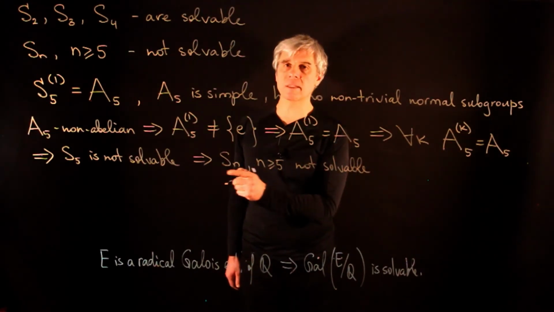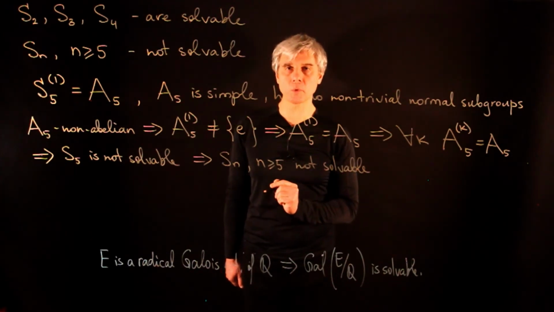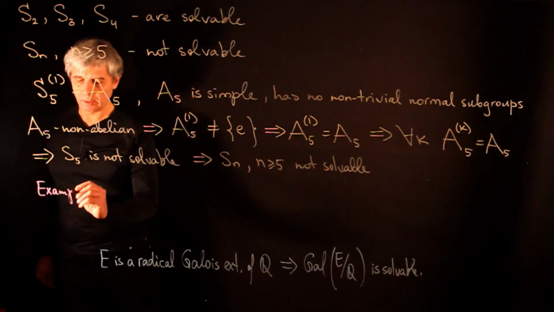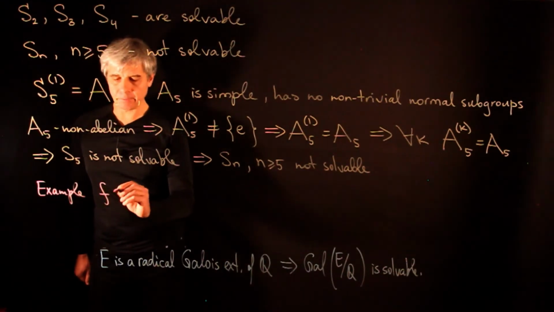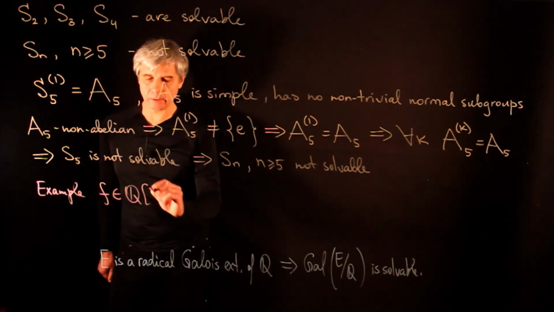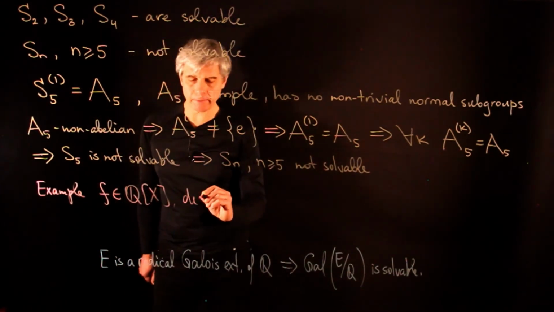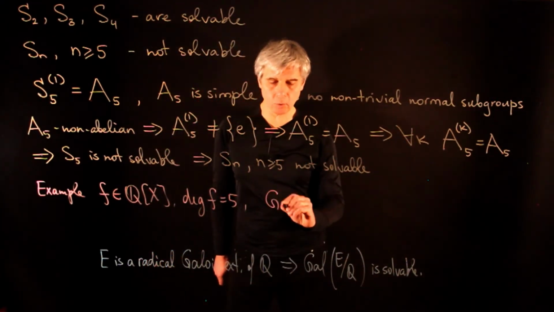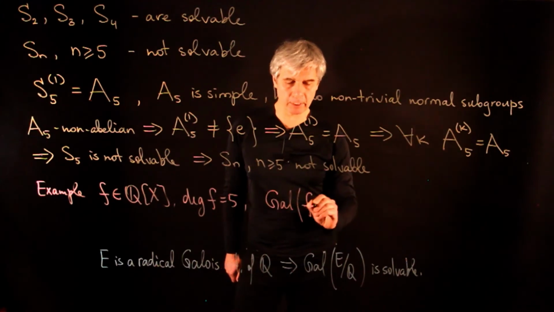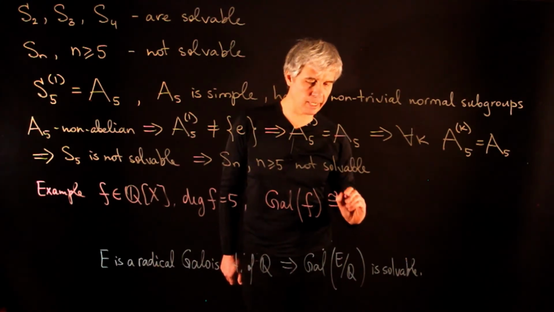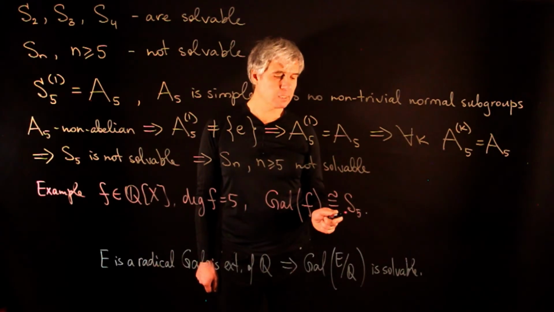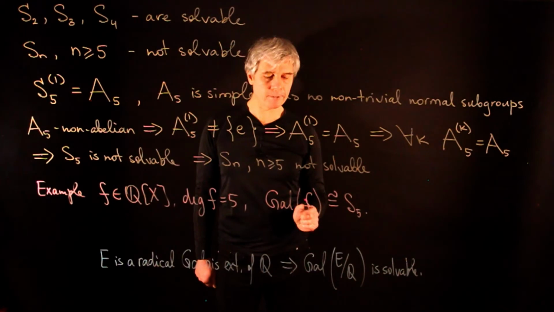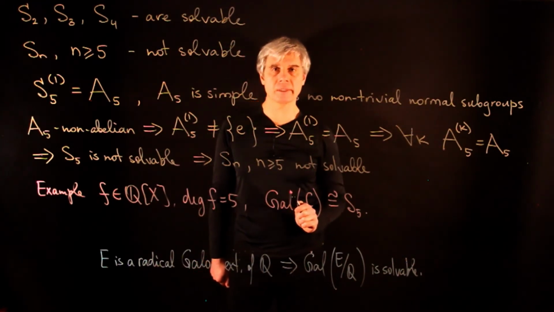Next, let us produce an example of a polynomial f in Q[x] of degree 5, such that the Galois group of the splitting field of this polynomial is isomorphic to S5. Since S5 is not a solvable group, this tells us that the roots of f are not expressible in radicals.